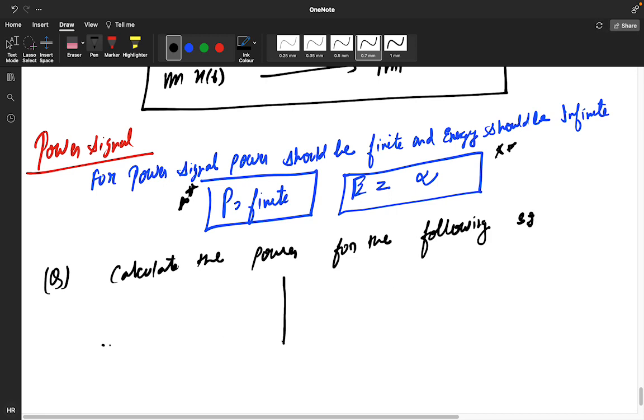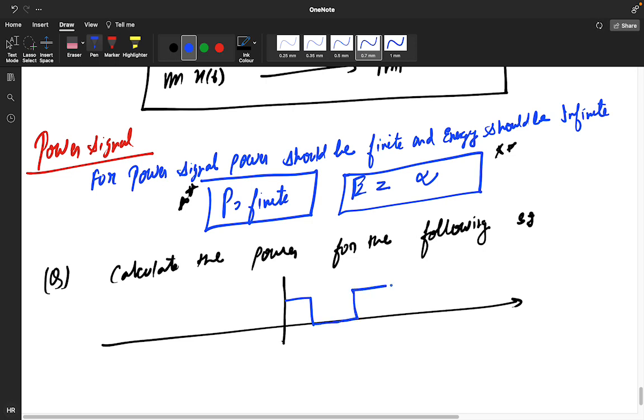You have a particular signal like this. It's going like this, it's going like this, it's going like this, it's going like this. Okay, this is 0, this is t naught by 4.